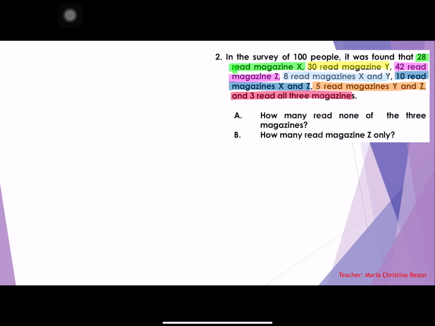So you have there 28 read X. So we will have, let magazine X be 28, and then you have Y is equal to 30, and Z is equal to 42.